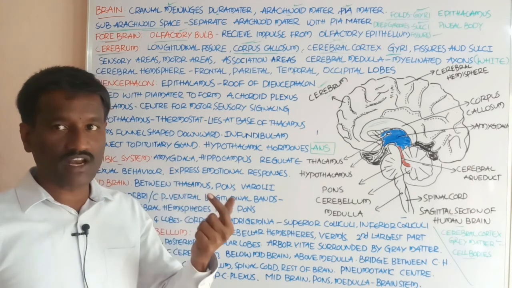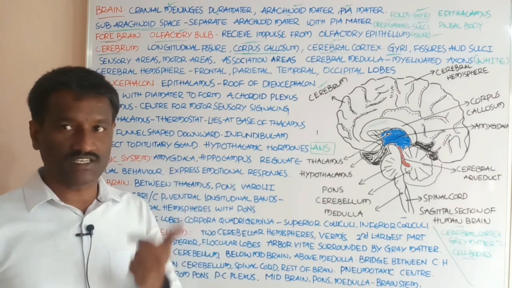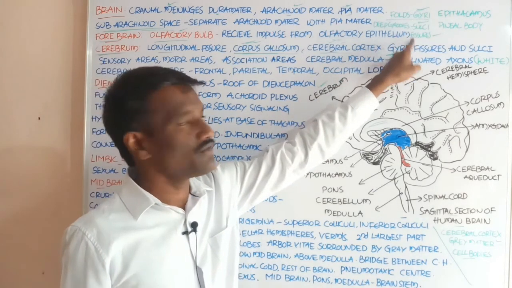Between the folds there are deep groove-like structures. These are called sulci or fissures. The upper surface of the cerebral cortex has many folds called gyri, and between the folds there are deep grooves called sulci or fissures.